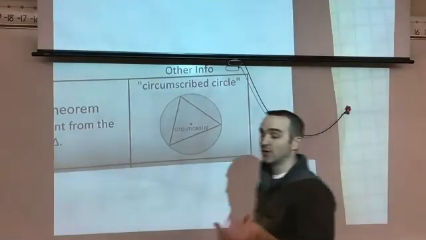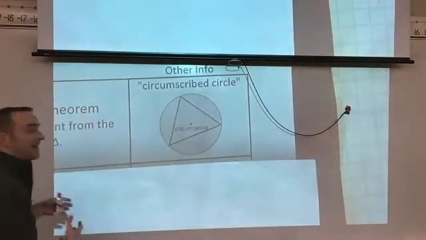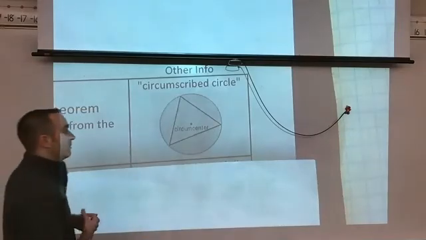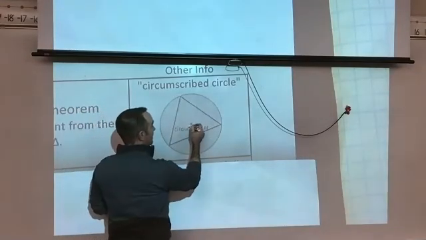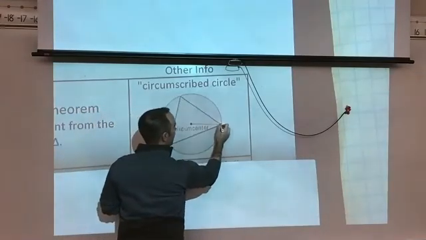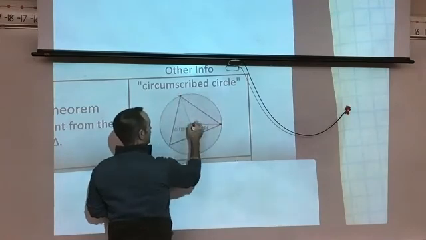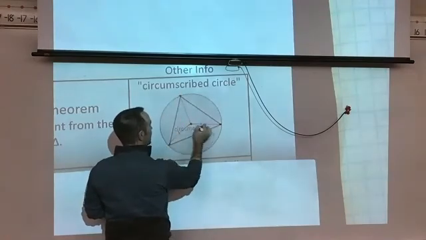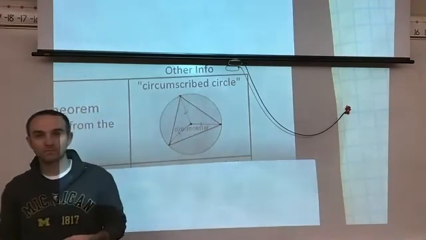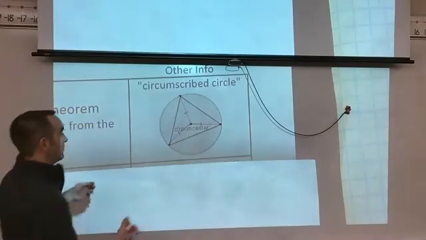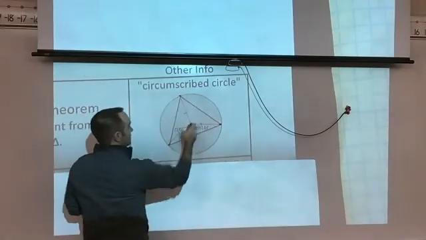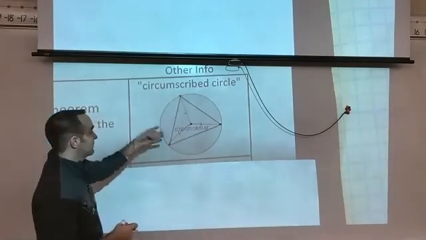which should make sense to us based on our theorem and our knowledge of circles, because we know that from the center of the circle to any point on the circle, all 3 of those radii are going to be congruent. They're all the same radius. Same thing with the circumcenter.